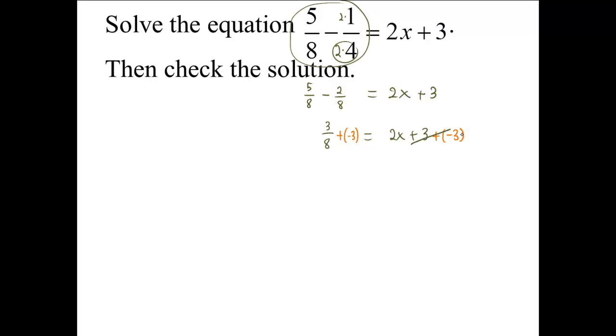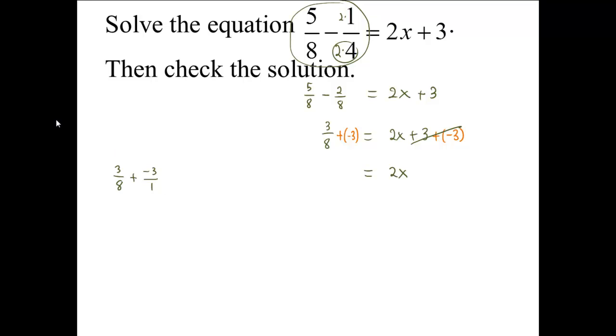Three plus -3 is 0. So on the right hand side I have 2x. On the left hand side I have 3/8 plus -3. Let's work on that over here on the side. Let's write that -3 as -3 divided by 1.